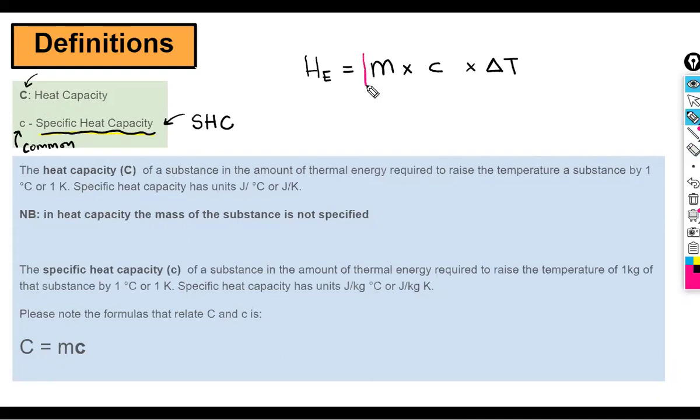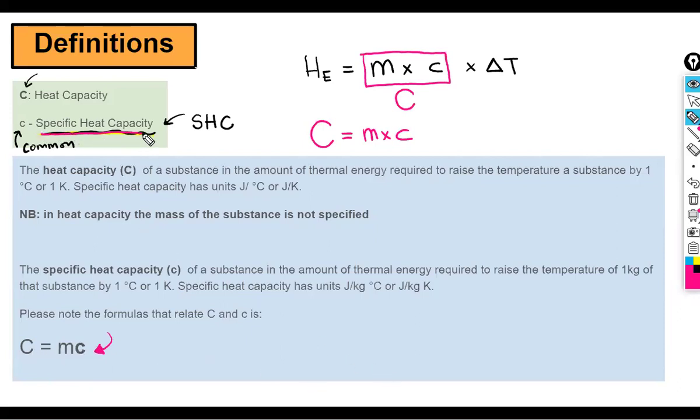Anytime you take mass and multiply it by specific heat capacity, you get heat capacity. So the formula for heat capacity is mass multiplied by specific heat capacity. I have the formula down here for you guys because this is a real popular question in the exam.